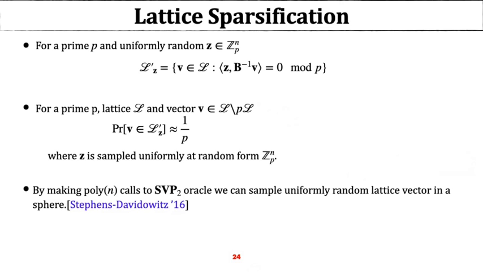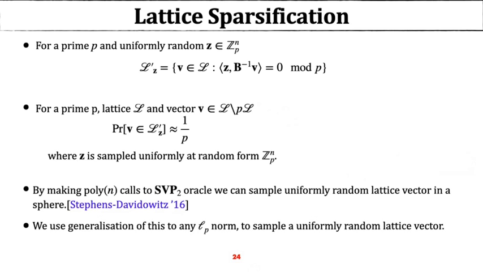The sphere can be of any radius, and if we have an exact SVP2 oracle, then by making a polynomial number of queries, we can sample a uniformly random lattice vector. And in this work, we use a generalization of this result to any LP norm. Here we want to sample a uniformly random lattice vector in an LP ball. So by using this technique, we are able to do it.